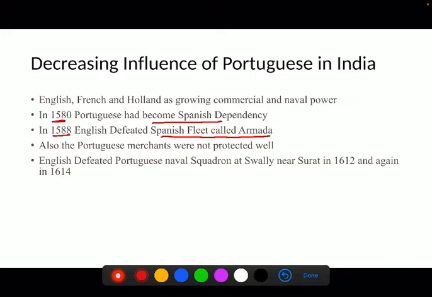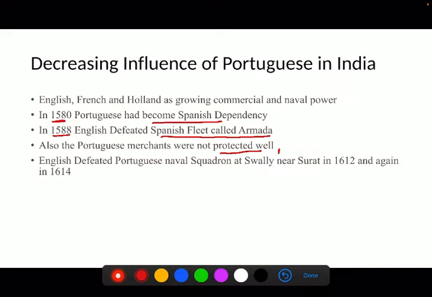But another reason apart from this was that Portuguese merchants who were doing trade in other parts of the world were not protected well by their country, and in Portugal the influence of nobles was greater, and merchants were not prospering and not protected well.